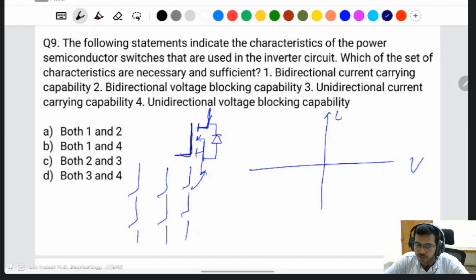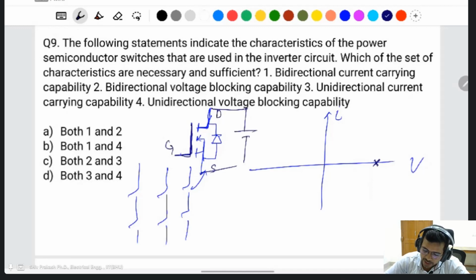If you apply some voltage to a MOSFET, then it will block the voltage till the gate pulse is given to the MOSFET. It means it has a blocking capability. Suppose a positive voltage VDS is given here, this is the drain, this is the source, this is the gate.